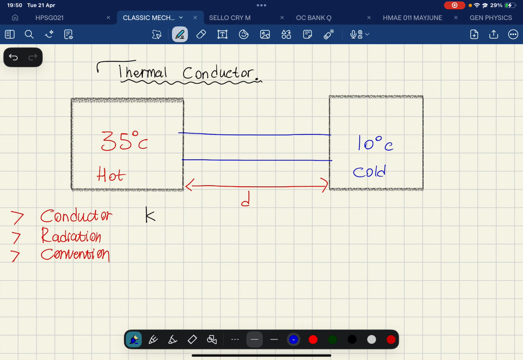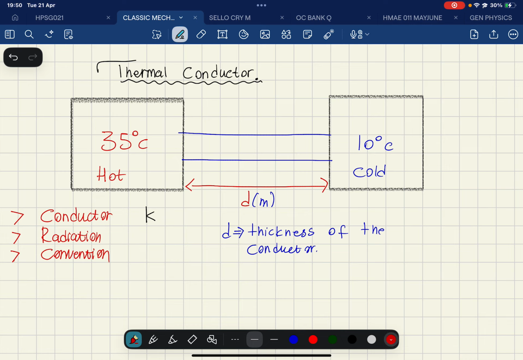That distance must be measured in meters. Sometimes that distance is called the thickness of the conductor, meaning how thick our conductor is.